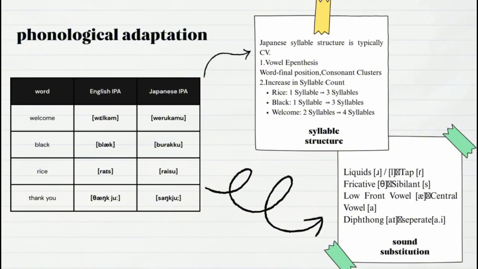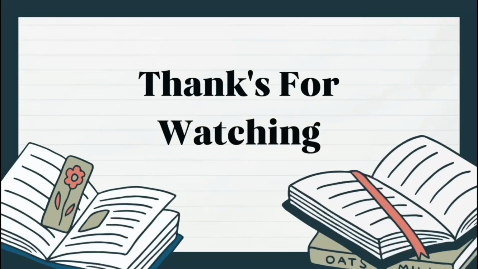And in sound substitution, we can see that if it is a liquid, it will turn into a tap. If it's a fricative, it will turn into a sibilant. And if it is a low front vowel, it will turn into a central vowel. If it is a diphthong, it will turn into separate vowels. So this is the analysis of these differences between English and Japanese.